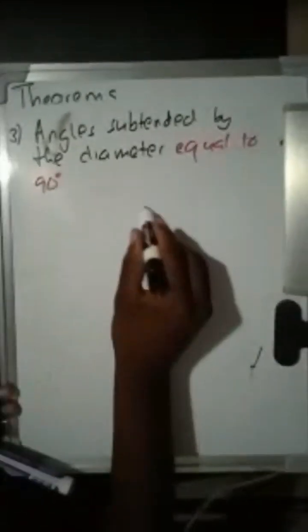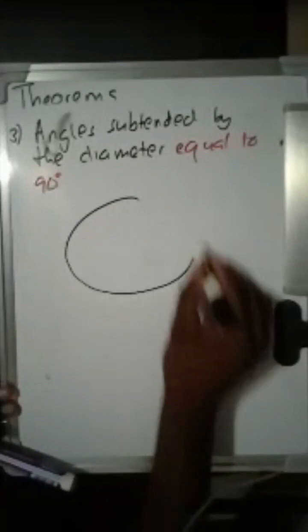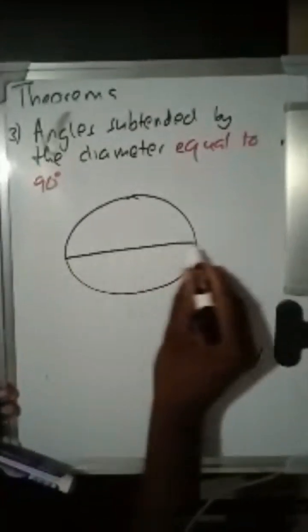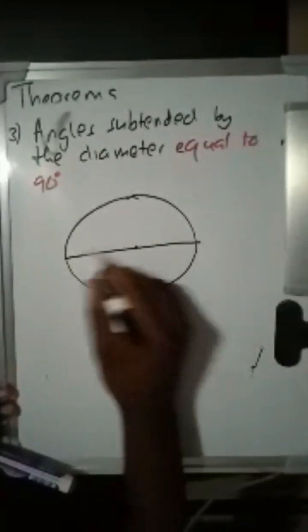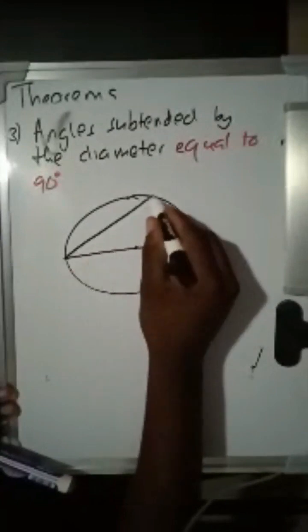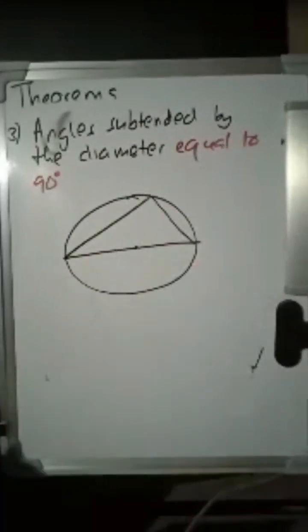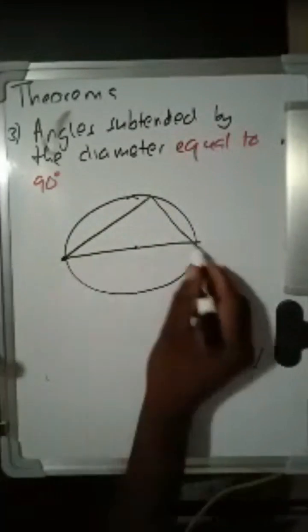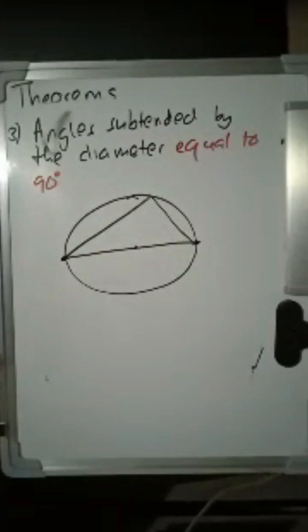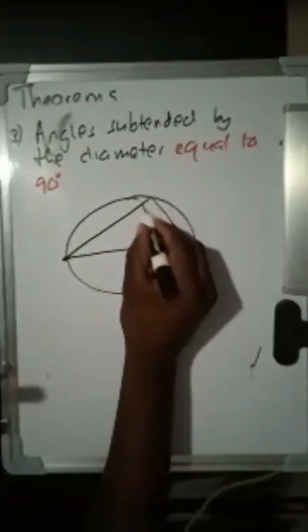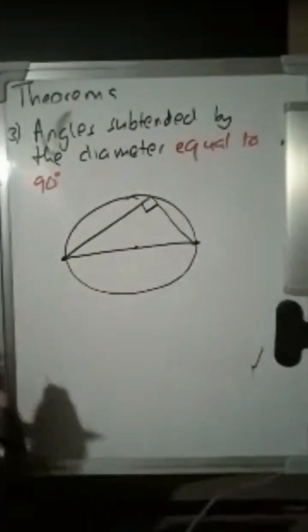Where does that come from? It comes from the angle at center being 2 times the angle at the circumference when subtended by the same chord or the same arc. So it tells us that this one is 90 degrees. Why?